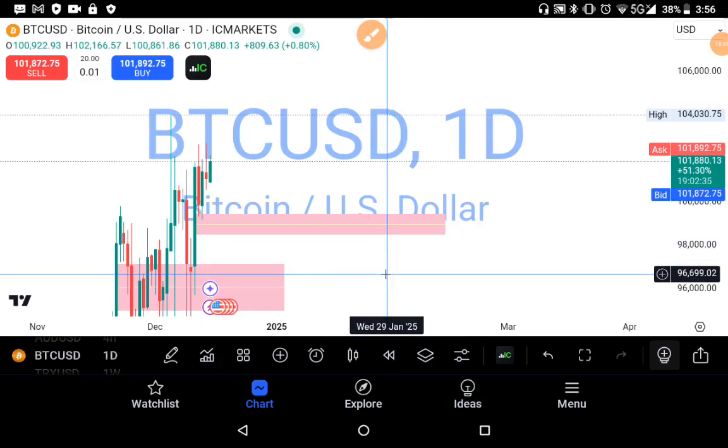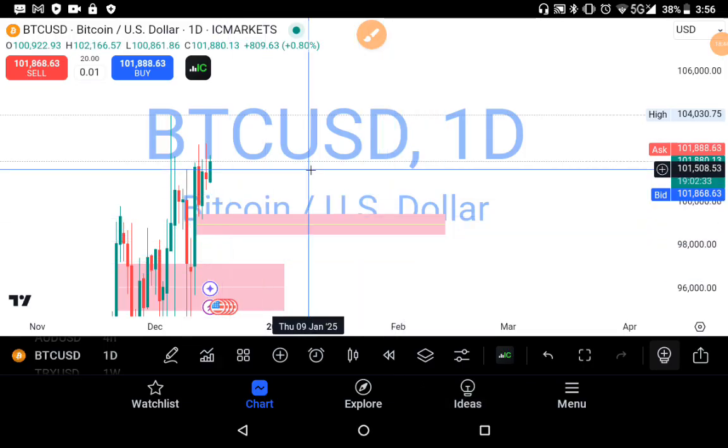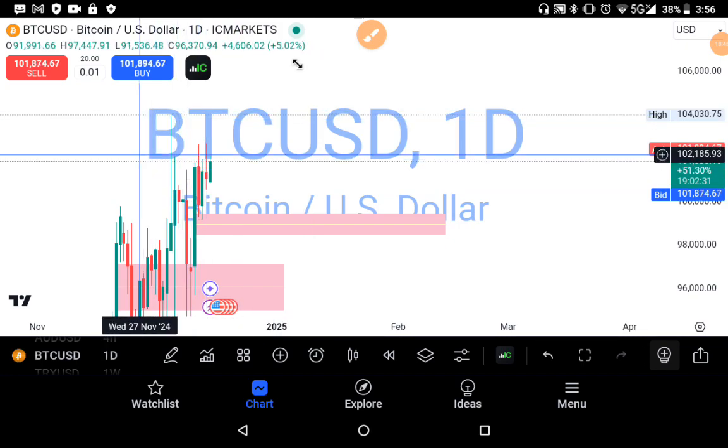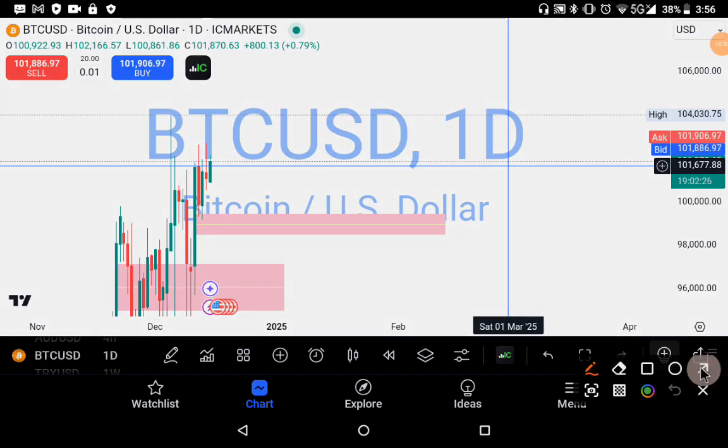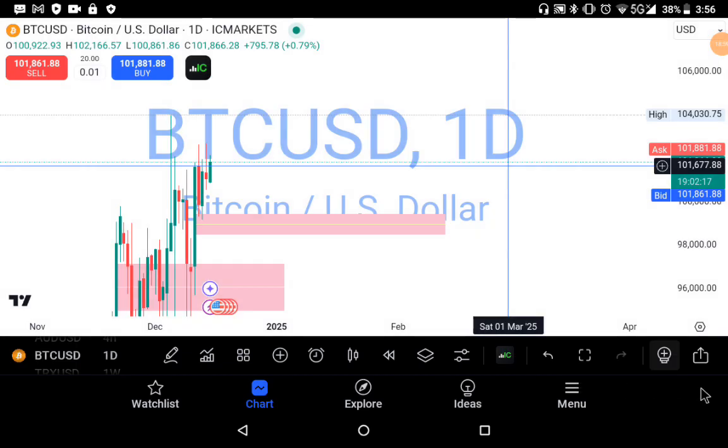So we should be able to see this level taken. If I could see this level of 104,030 taken, then I'll be going for 105. So 105 should be on my radar to 110,000. So at this junction, I'll be calling this the day.